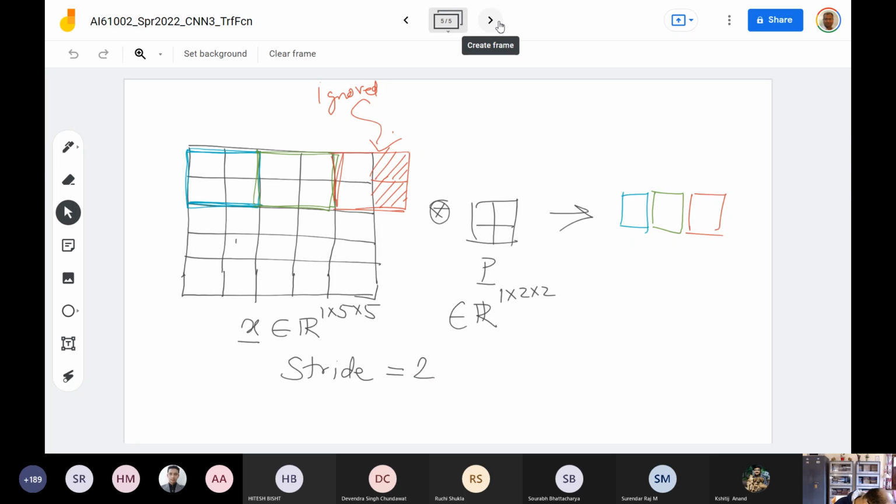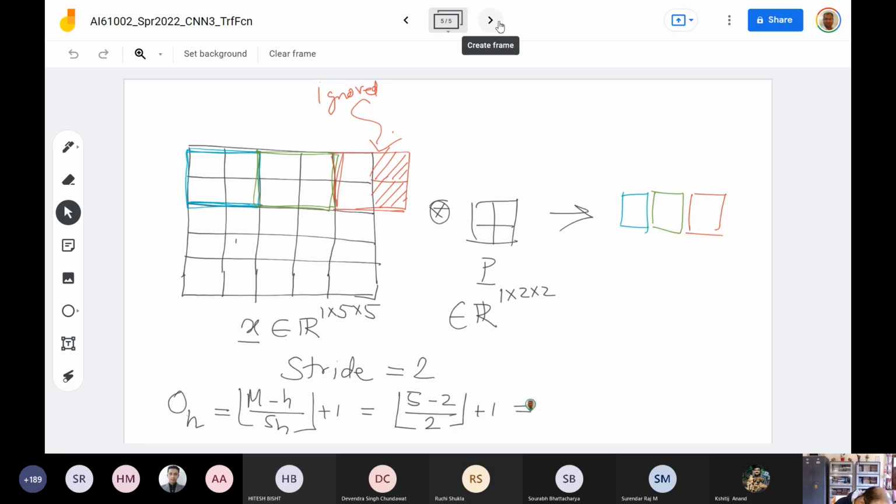Now let me get this OH. So that is M minus H by SH, and a floor. So this becomes 5 minus 2 divided by 2 plus 1.